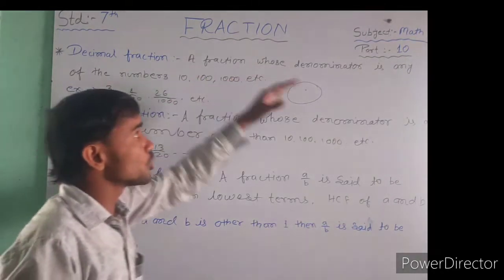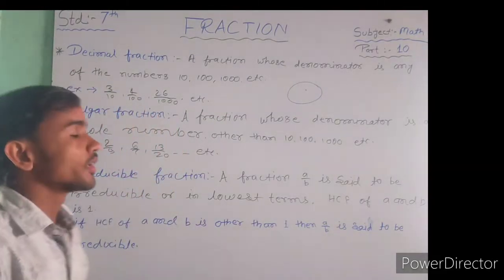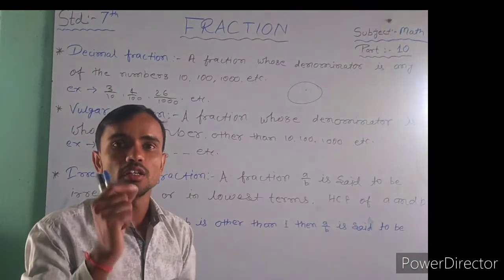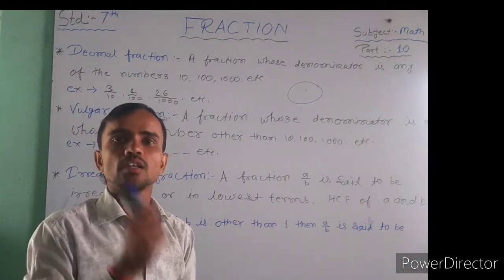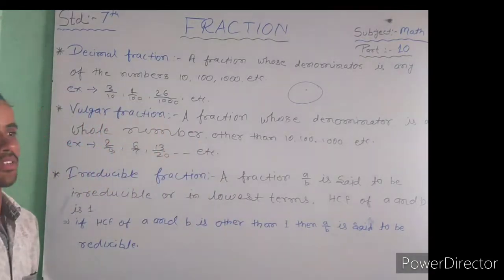It means a fraction whose denominator is any of the numbers 10, 100, 1000, etc. That is called a decimal fraction.